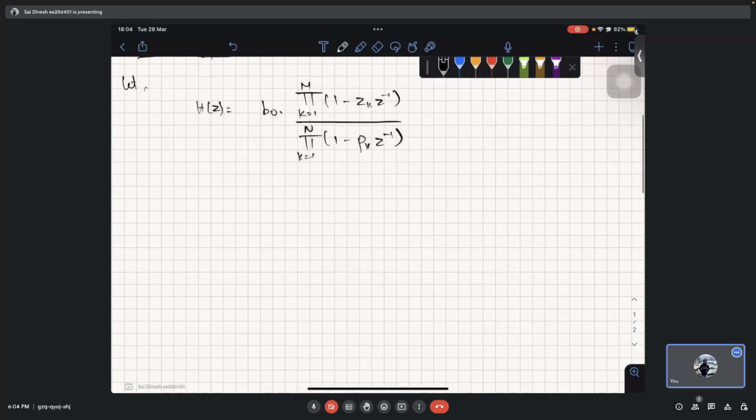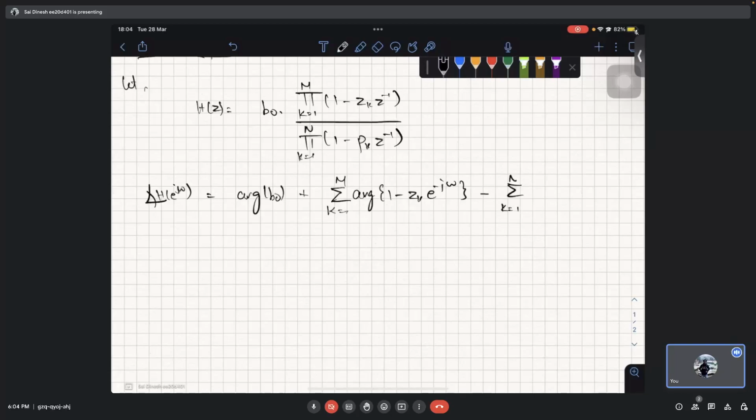So here the phase of the system, angle H of e^(j omega), is equal to arg of b naught, plus the summation for k equal to 1 to M of arg of (1 minus zk e^(minus j omega)), minus the summation for k equal to 1 to N of arg of (1 minus pk e^(minus j omega)), right?